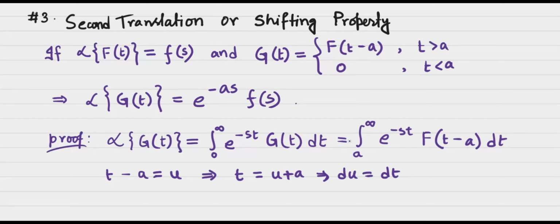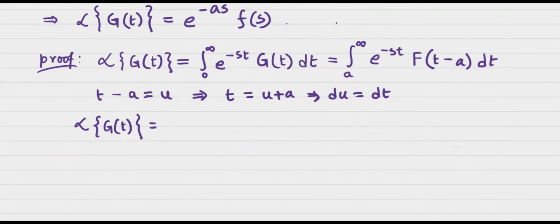So we can substitute everything in this integral right here, only to find that instead of dt we have du, instead of f of t minus a we have f of u, and then instead of e to the power negative st we have e to the power negative s times, well, what do we find?